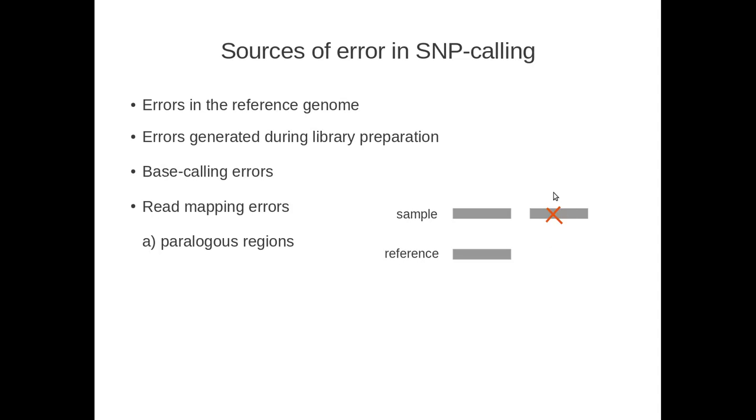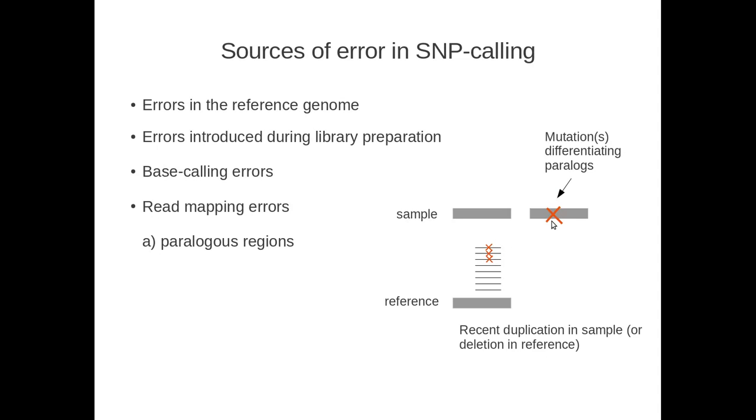And imagine a slightly diverged paralogous region, a slightly diverged duplicate. In this case, let's imagine this is a SNP. If we then sequence the sample and map the reads back to the reference, again, this is a mutation differentiating these two regions, then all of the reads from both of these two regions sequenced in the sample will map to the same position in the reference genome.